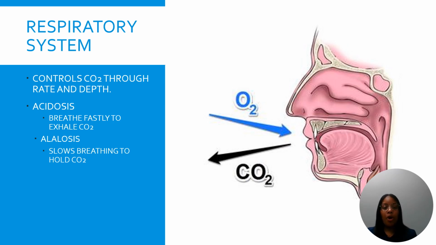So hopefully this all makes sense how the respiratory system plays a part. When your patients are experiencing respiratory acidosis or respiratory alkalosis, you will see that the lungs and the respiratory system will kick in pretty fast to try to turn things around.